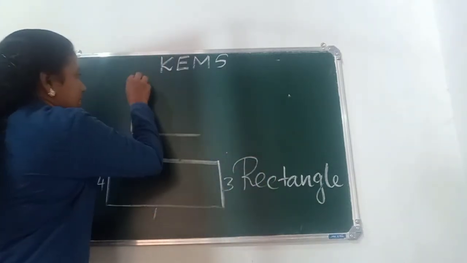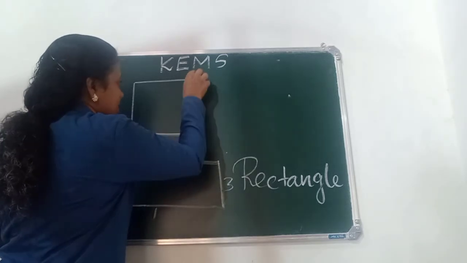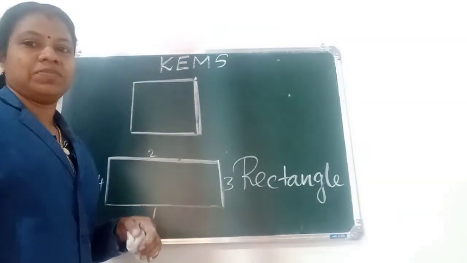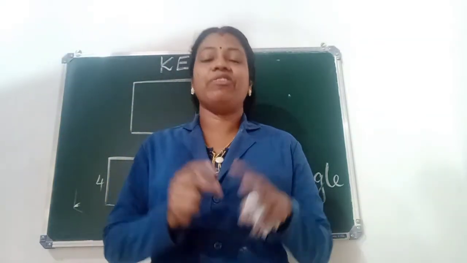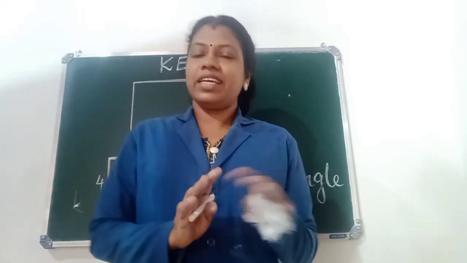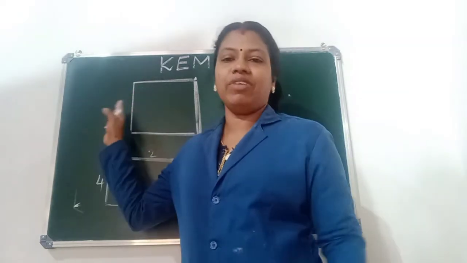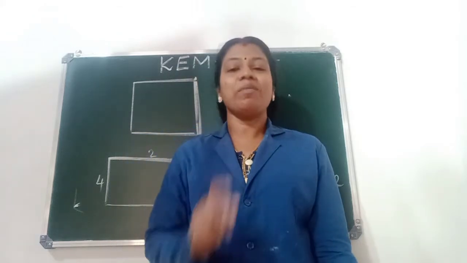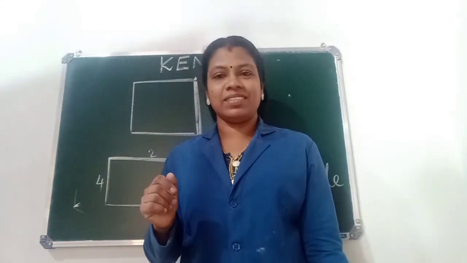Next figure is a square. What is a square? A square is a four-sided figure. A square has four sides. Same way as a rectangle has four sides and four corners, a square also has four sides and four corners. But there is a special condition about a square.